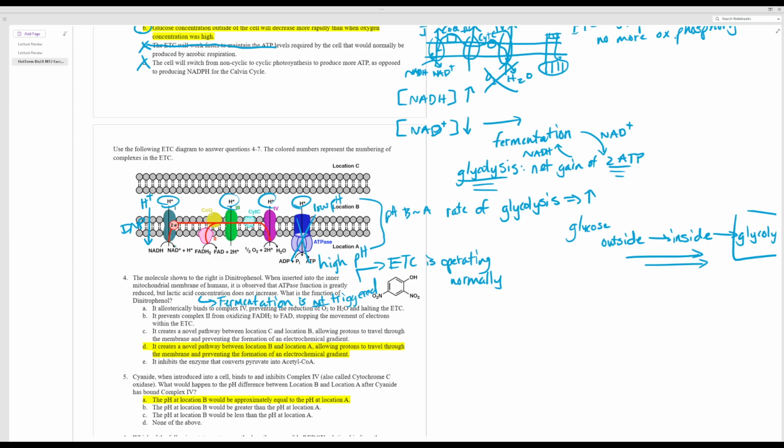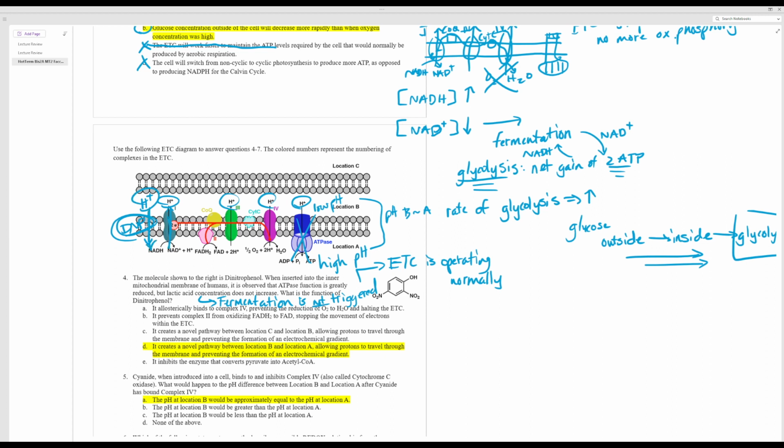When this happens, the cell is putting all this energy into moving H plus across the membrane. And so very momentarily, you have a little bit higher concentration of H plus at location B than you do at location A. But because you have this pathway for the H plus to flow through with very low activation energy, the H plus is just going right back through.